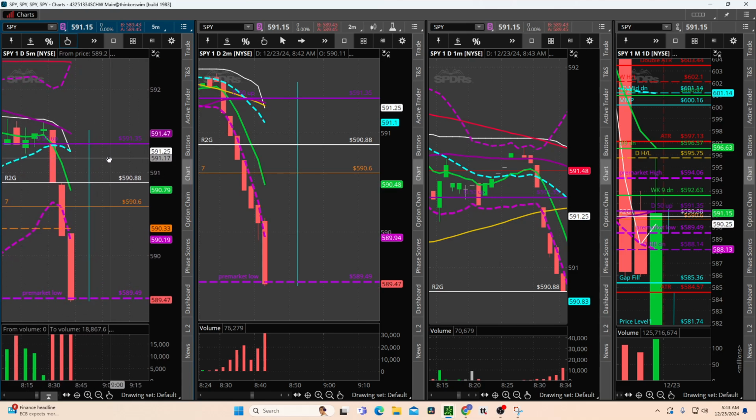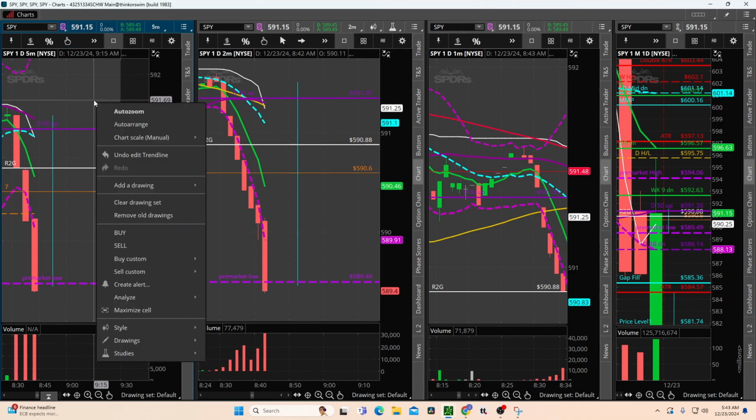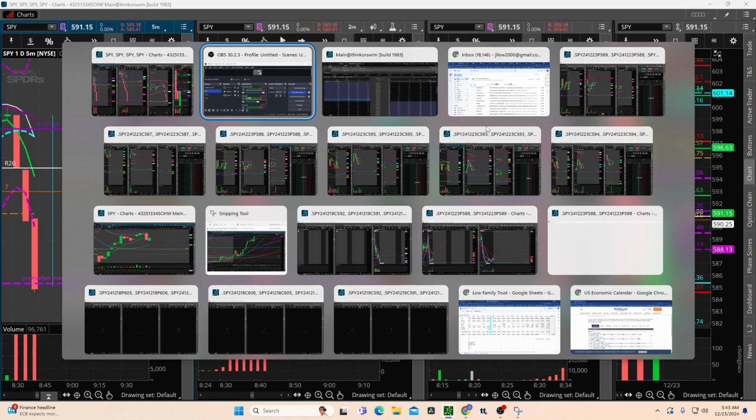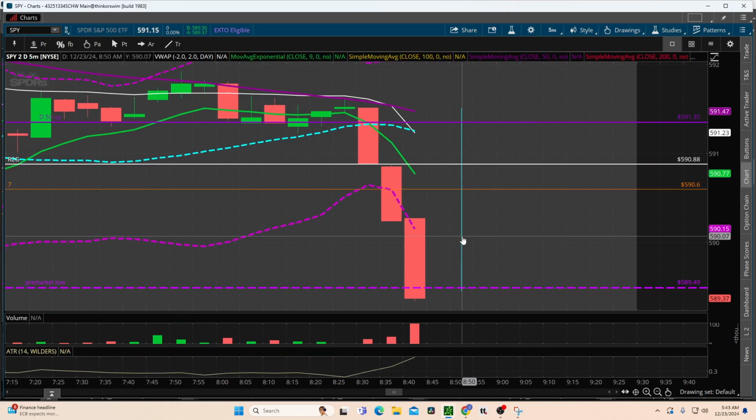So this point, this first point that it moved down, let's pull up a bigger SPY screen here. So let's check this out here.